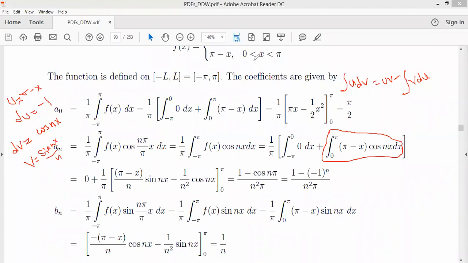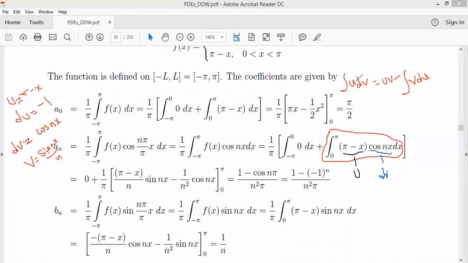So what I have basically done is considered this one here to be u, and the one in blue to be dv. I think we are together. So that is the substitution into this.